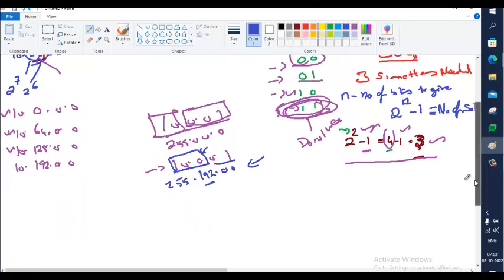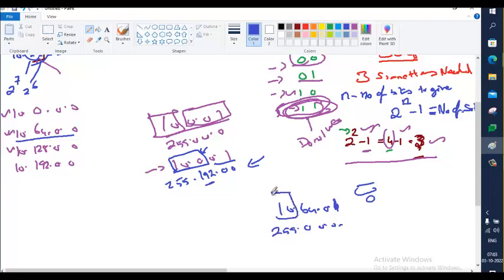I'll give you another example. You see here 10.64.0.1. You are assigning this to a computer. If you don't give the subnet mask, it will give the default mask of 255.0.0.0, which means there is no subnetting, which means this is the 10th network and the IP of this computer is 64.0.1.